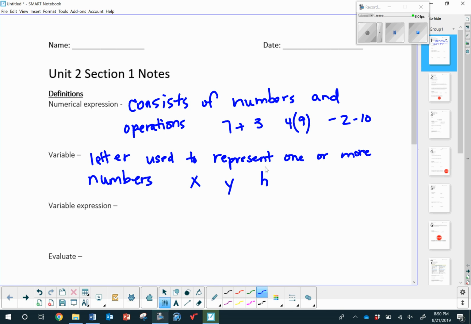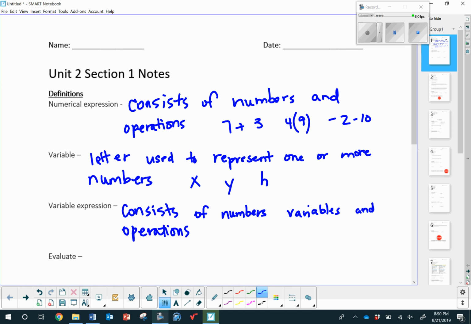A variable expression, similar to the numerical expression, consists of numbers, variables, and operations. That might look something like X plus 6, 7 minus Y, 100X.